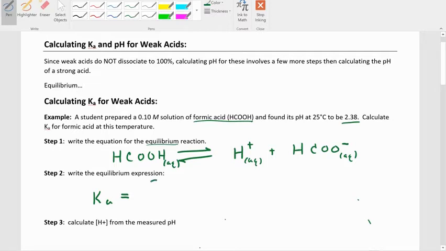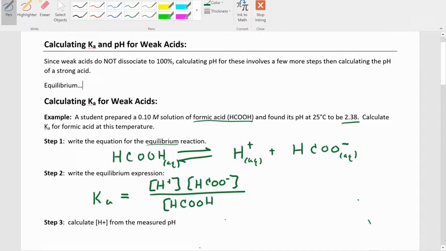So our Ka value is going to be the concentration of H plus times the concentration of formate, which is HCOO minus, all over the concentration of our acid, which is formic acid, HCOOH.